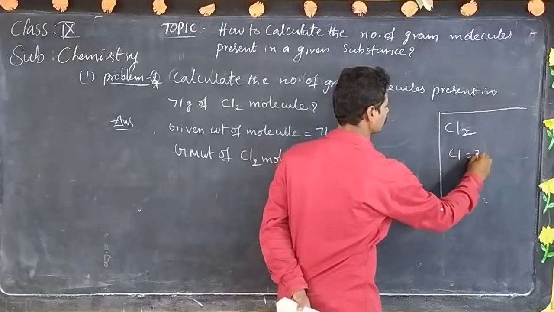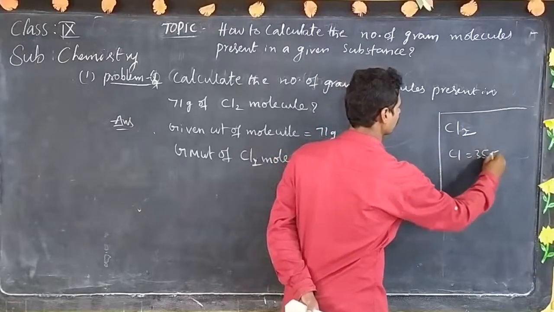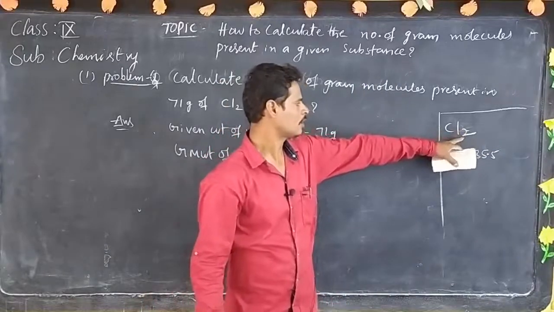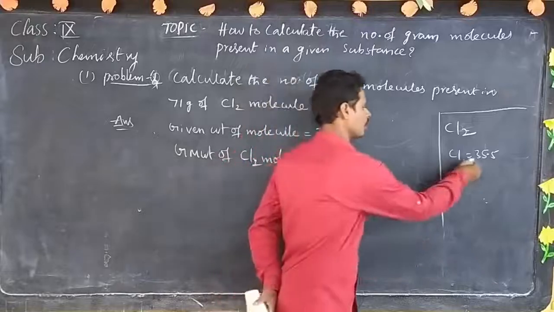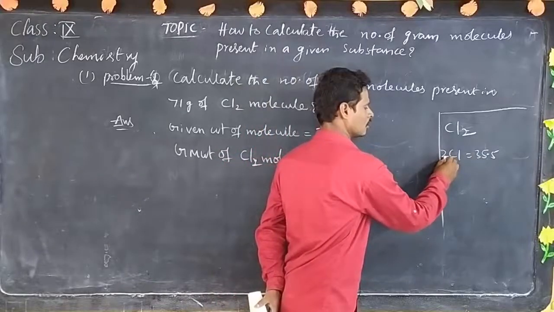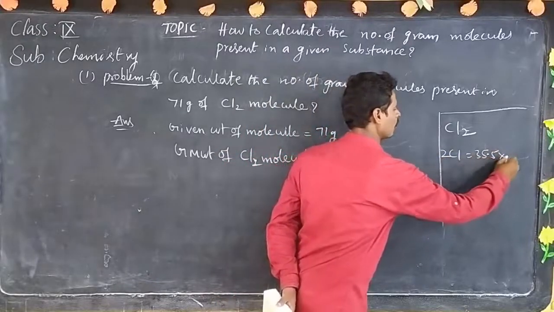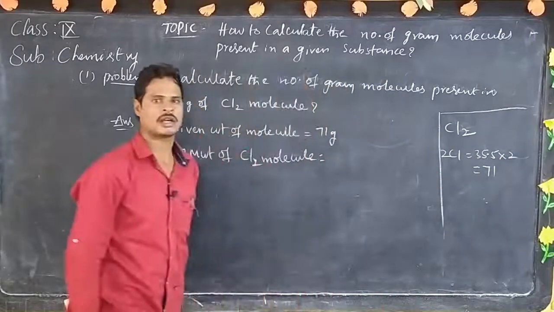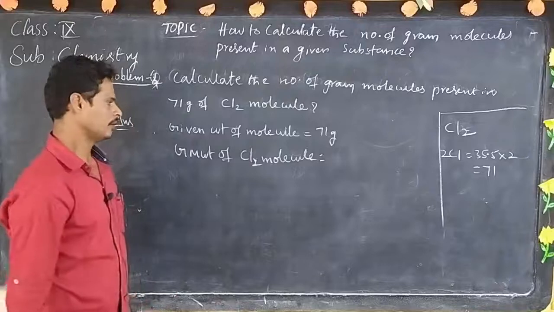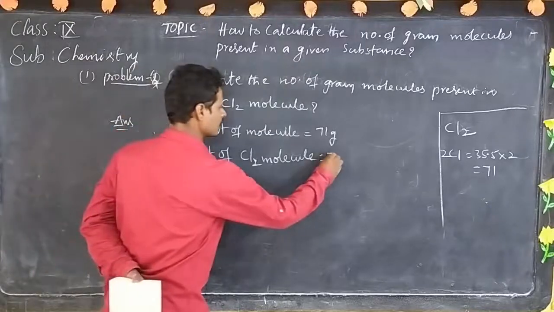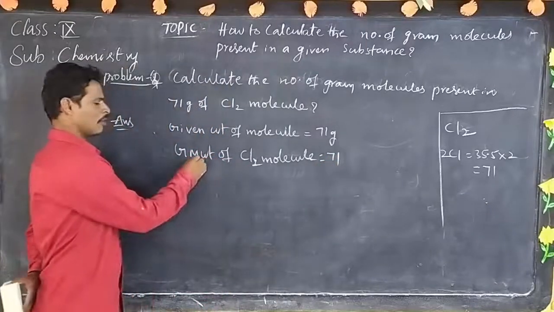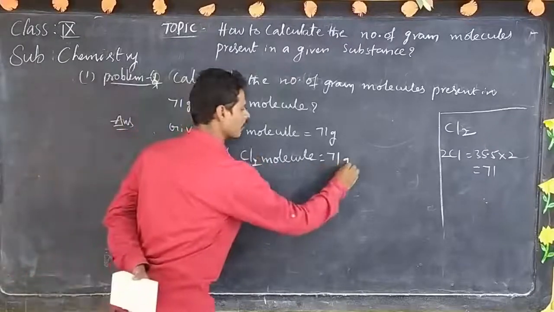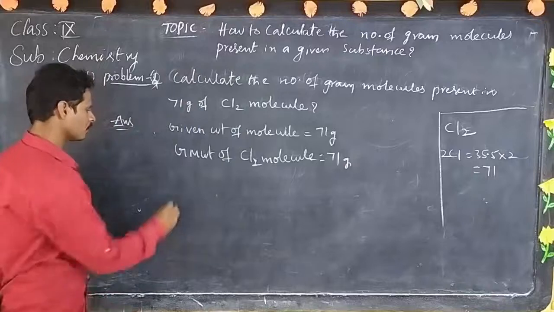Chlorine atomic weight, how much? 35.5. But here, how many chlorines are there? 2 chlorines. 1 chlorine equal to this one, 2 chlorines, so 2 into 35.5 equal to 71. Molecular weight of chlorine is 71. Molecular weight expressed in grams is called gram molecular weight. That's why we should write 71 grams.